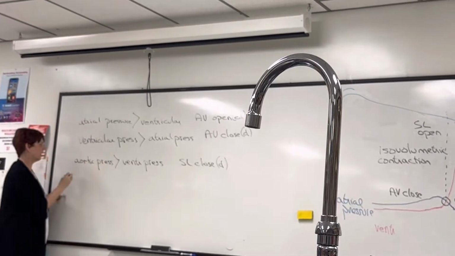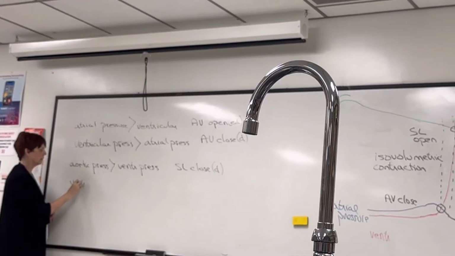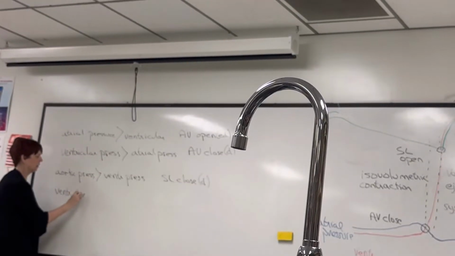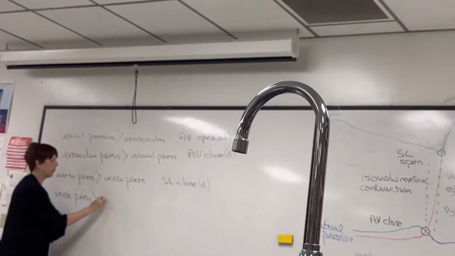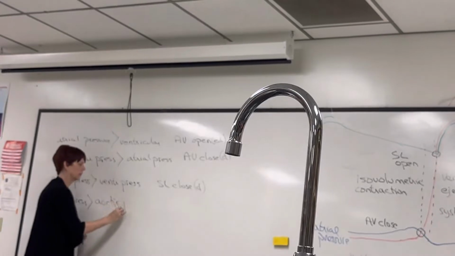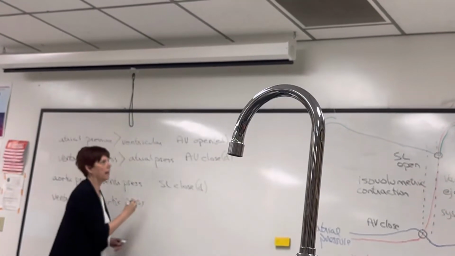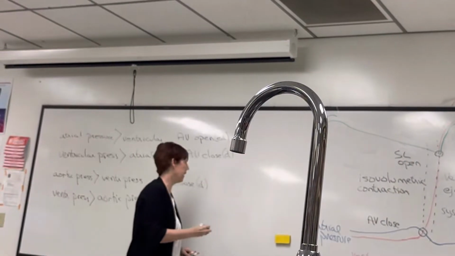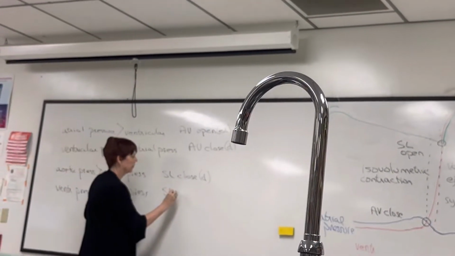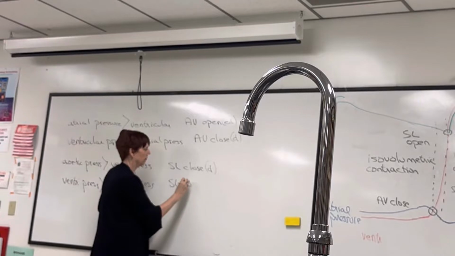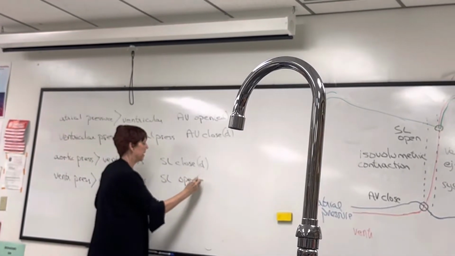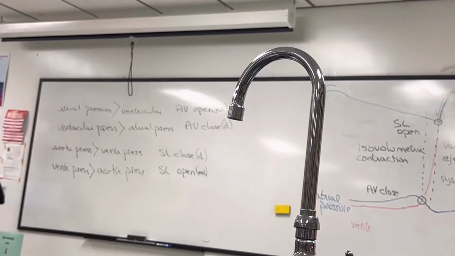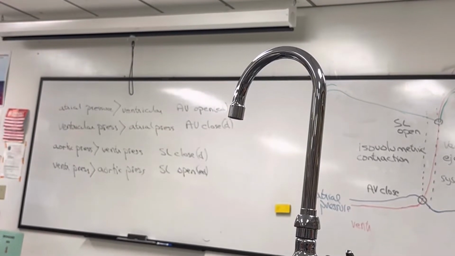And then when ventricular pressure becomes greater than aortic pressure, that would occur right here. Okay, and the semilunar valves open, and remain open until this becomes the case again. So we're toggling back and forth between those situations.